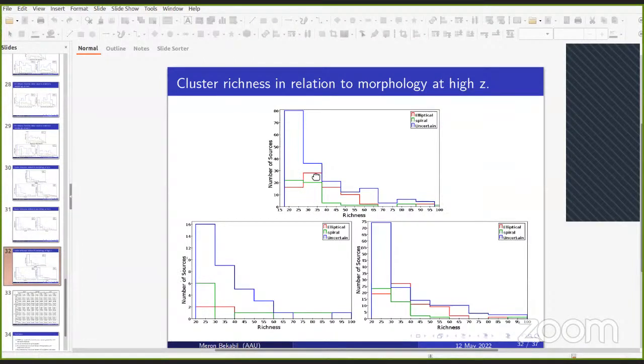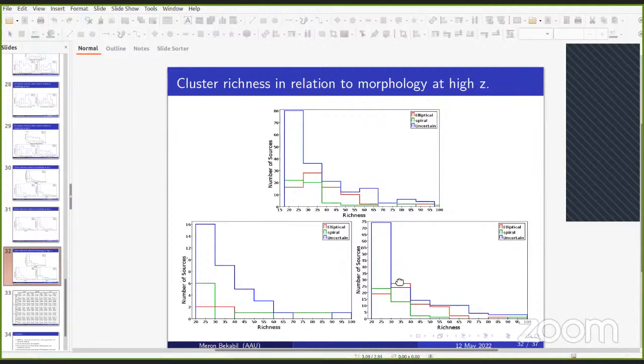So what we see here is elliptical galaxies are earlier type galaxies, so we know that they tend to be close to the centers, and they are mostly found in our analysis in the galaxy groups. So this is what we see for Seyfert, and this one is for LINERs.